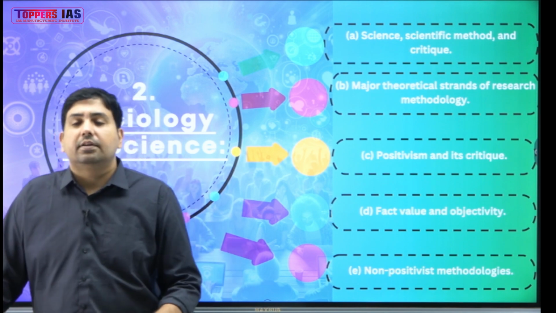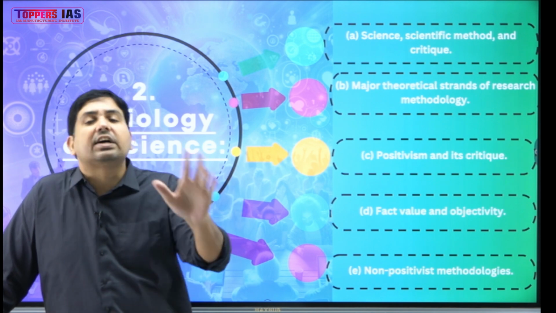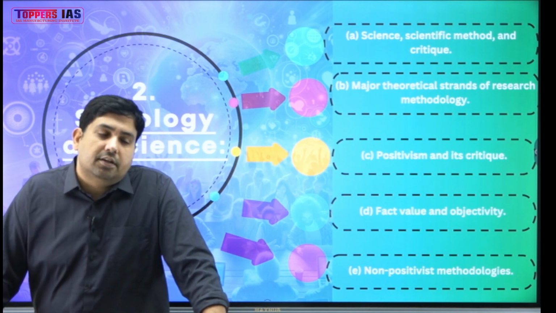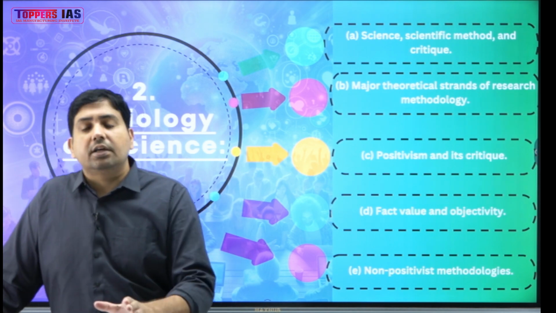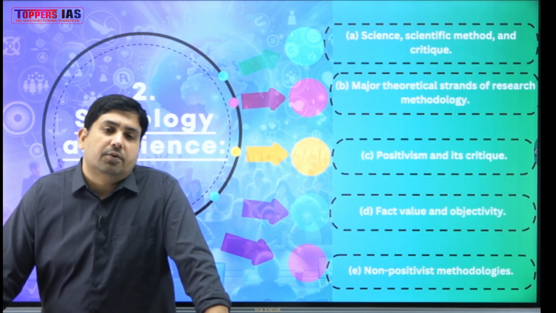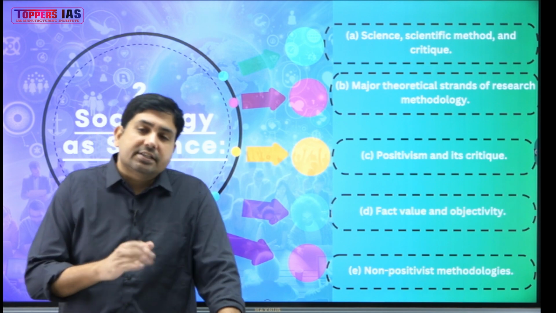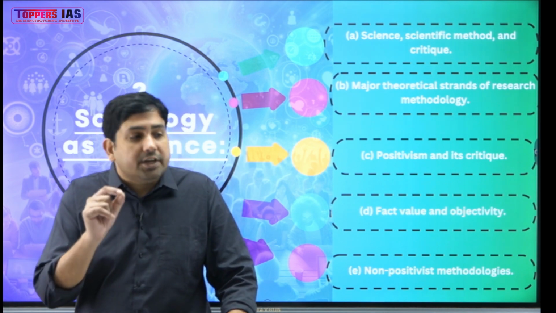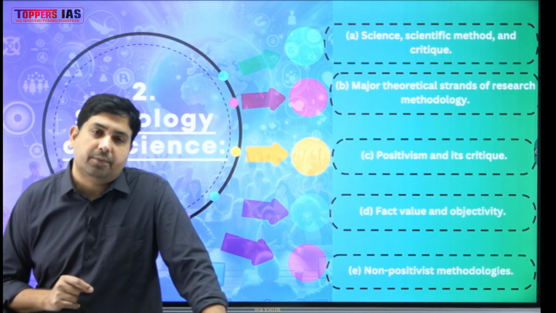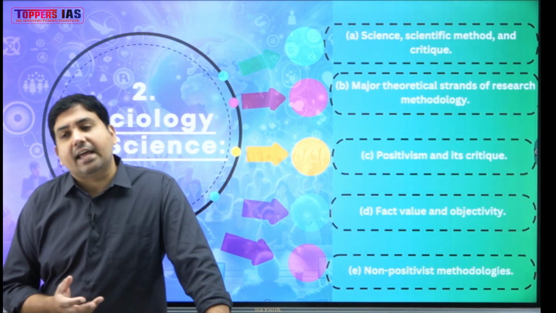For example, if you observe someone crying, a positivist might just record that act of crying. But a critic would say you need to understand why that person is crying.